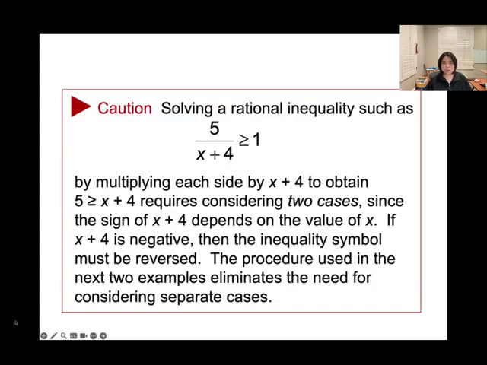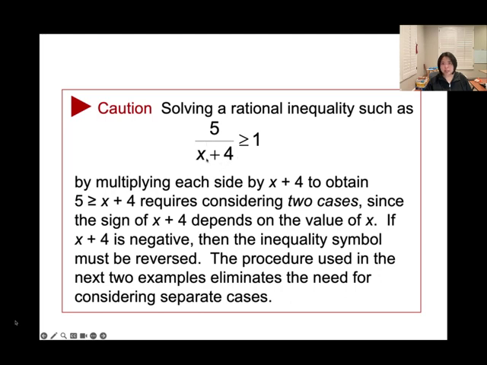Okay, look at this example. Solving a rational inequality. When we have questions like that, this is a rational expression and this is an inequality. If you try to multiply both sides by x plus 4, you have to be careful. Since x is a variable, we are not sure x plus 4 is going to be a positive number or a negative number.